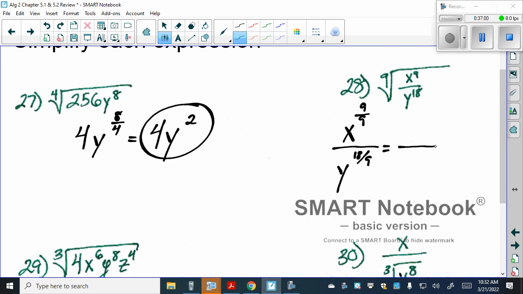Well, 9 divided by 9 is 1, so we just have x. 18 divided by 9 is 2. So this would simplify to x over y squared, and that would be our final answer. Questions on this here?